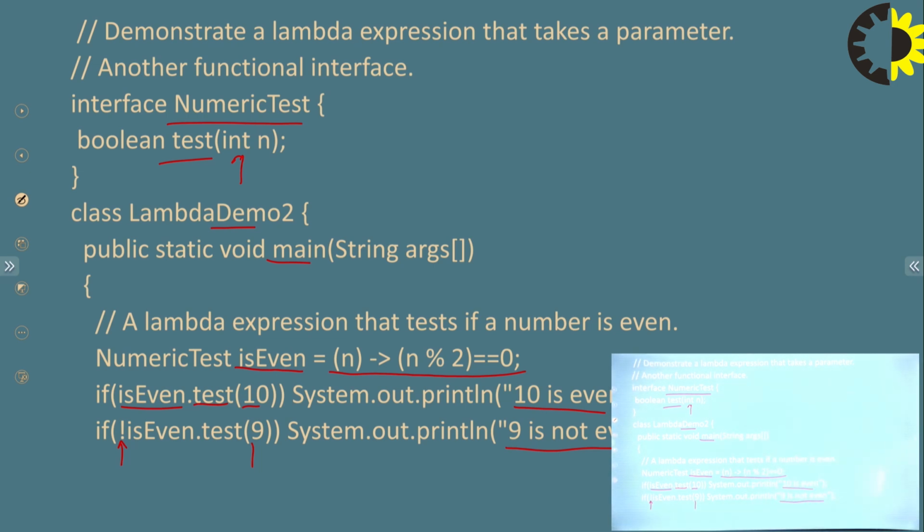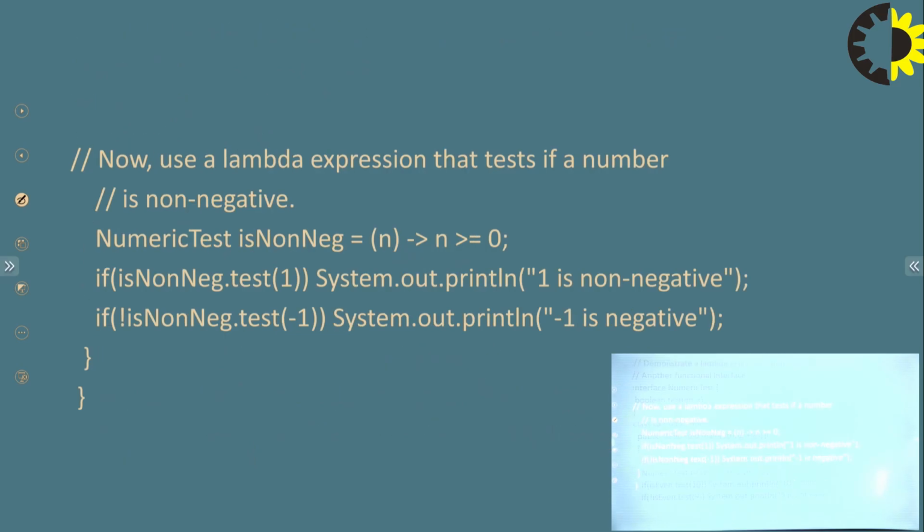So this is again an example of a functional interface, and one more change is there. We take a different reference variable of NumericTest, the functional interface, and we assign the lambda expression here. This lambda expression is just checking whether the value n is greater than or equal to 0.